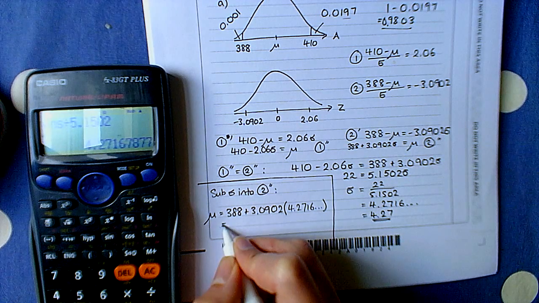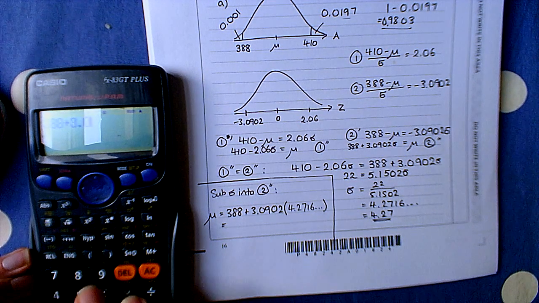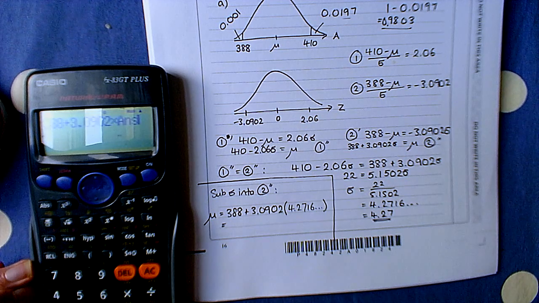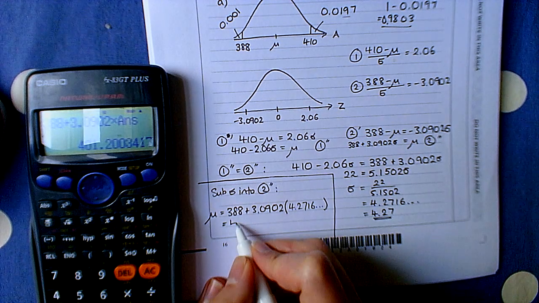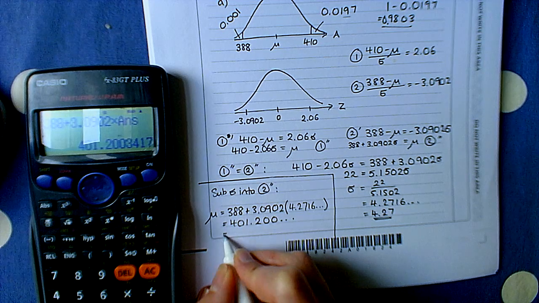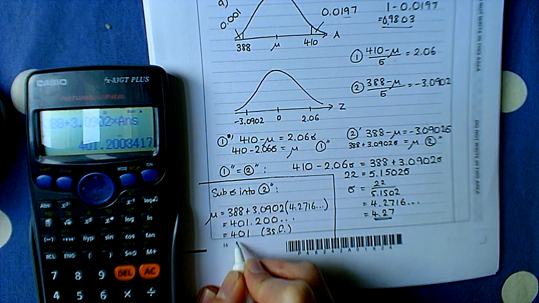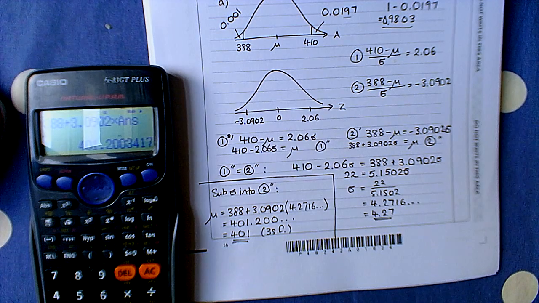We want to use the accurate one. So now I'm going to type 388 plus 3.0902 times answer, and then I get 401.200 and so on, and that is 401 to three significant figures.